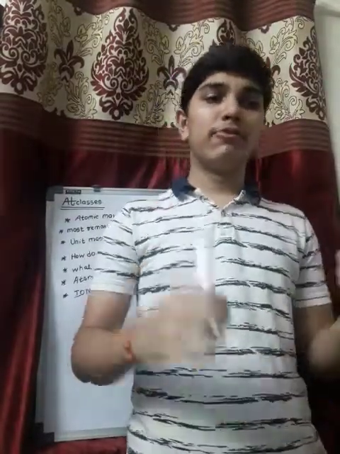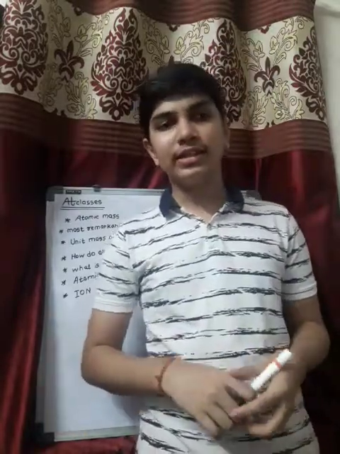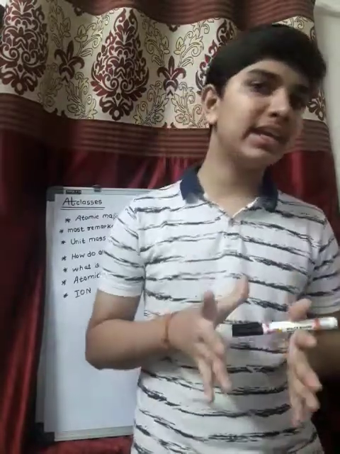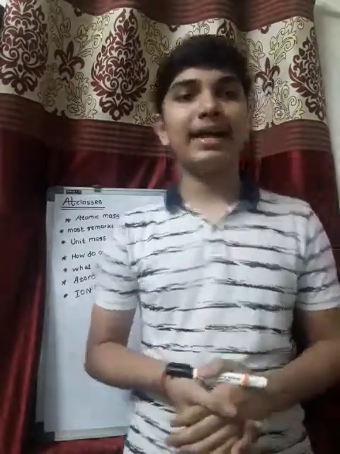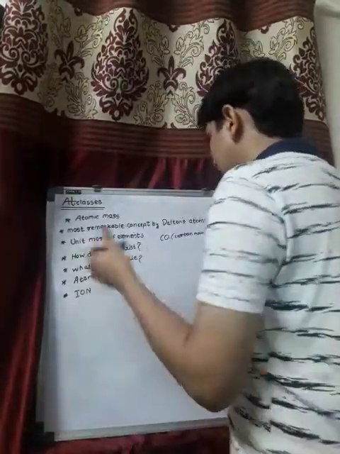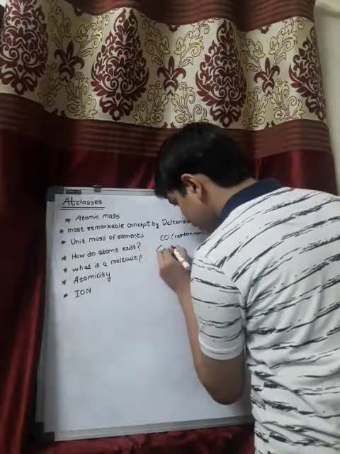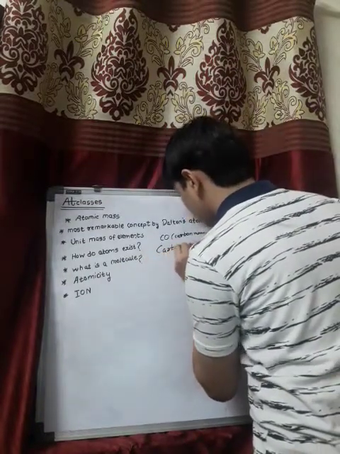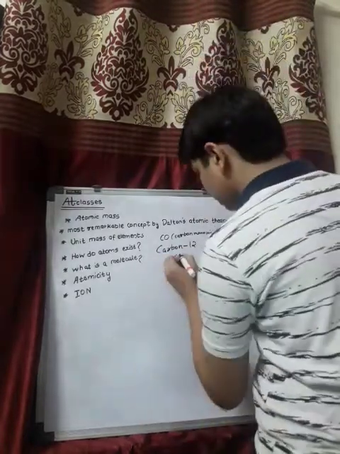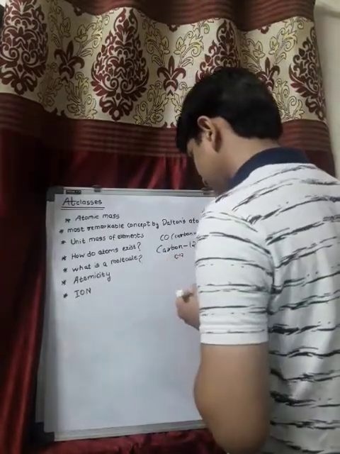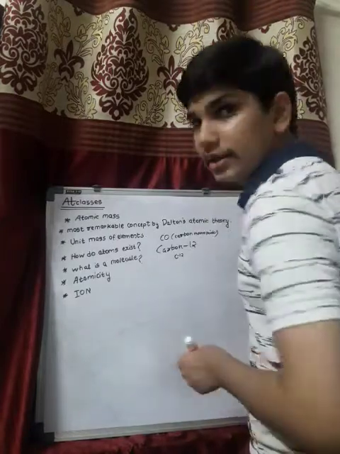Now 1 atomic mass unit is a unit equal to exactly 1/12 the mass of a carbon atom, carbon 12, actually the isotope of carbon. Here also write it as carbon 12, like this, right? So let's continue.